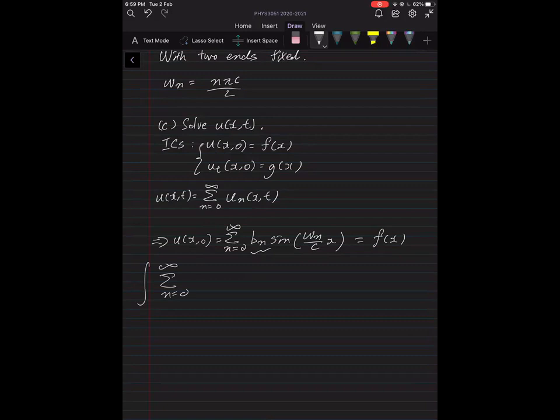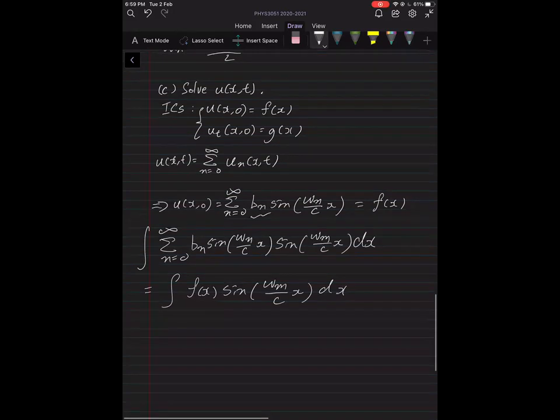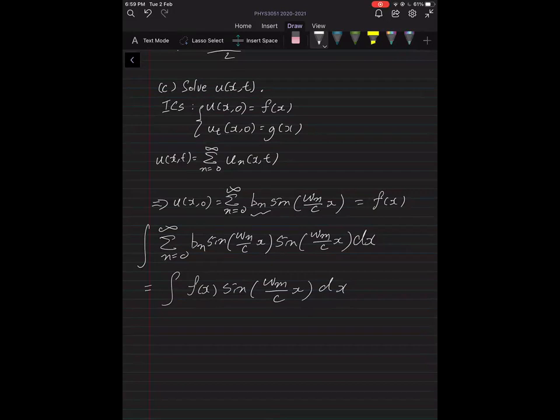So basically, we multiply both sides by another eigenfunction, and then you should remember the inner product between the eigenfunctions, I mean, the norm of the eigenfunction.